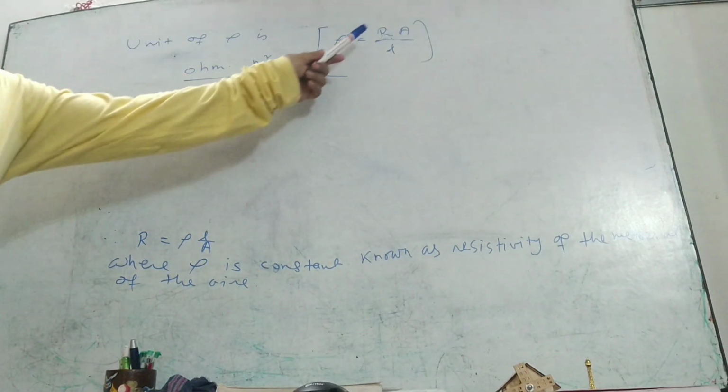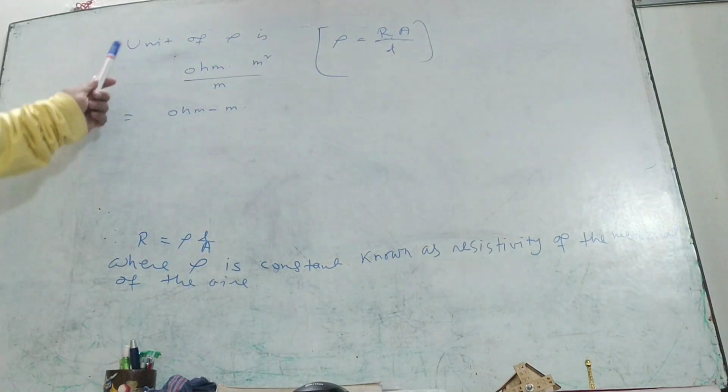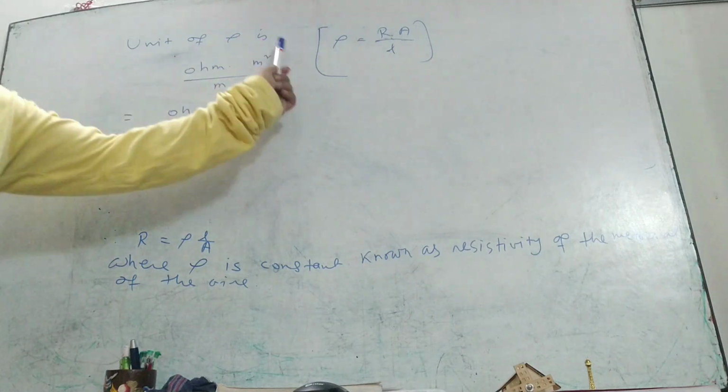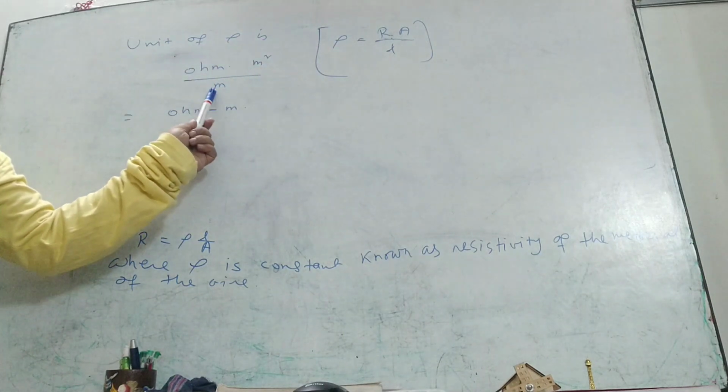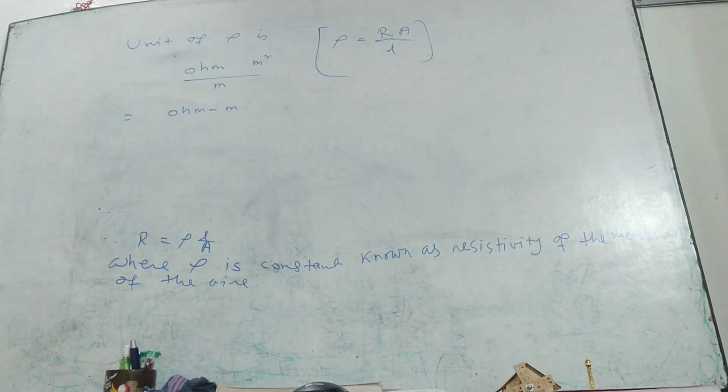We know rho is equal to RA by L. Therefore, the unit of rho is ohm meter square by meter, which is ohm meter.